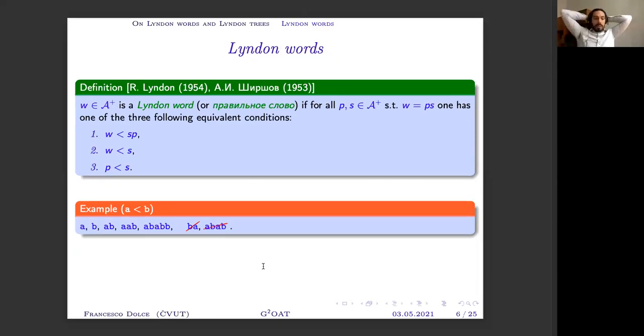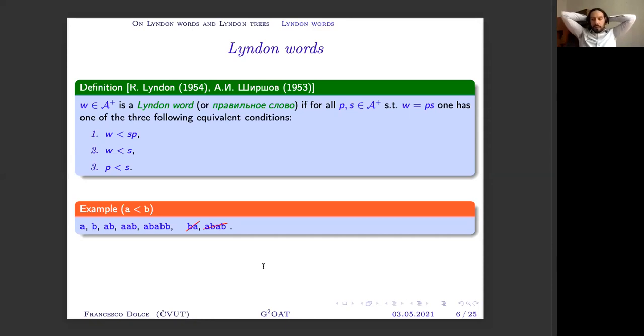Well, using these two concepts, actually, of ordered alphabet and of conjugation of words, Roger Lyndon and, independently, also Anatoly Shirshov, in more or less the same years, defined an interesting class of finite words that we now call Lyndon words, at least because the Western version was the most widespread one.